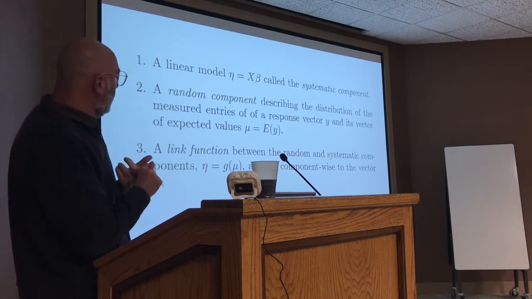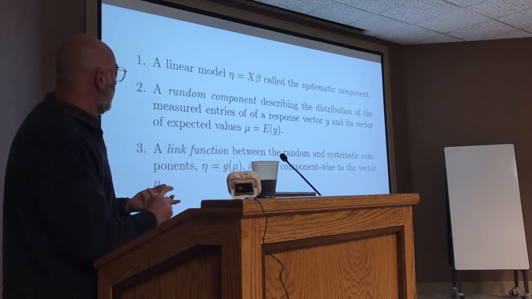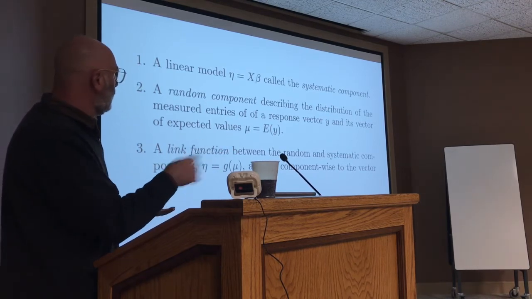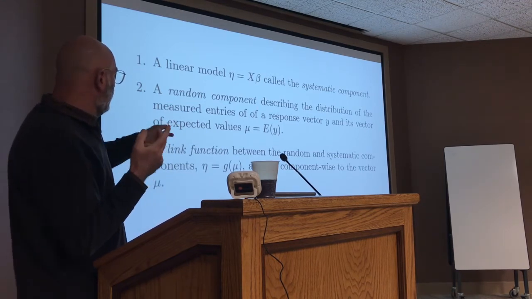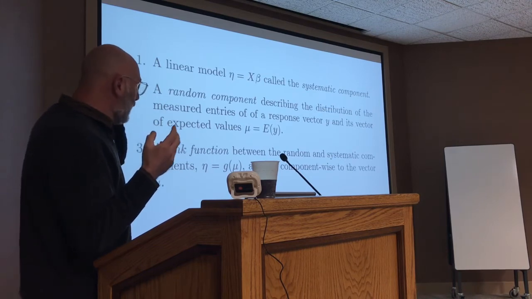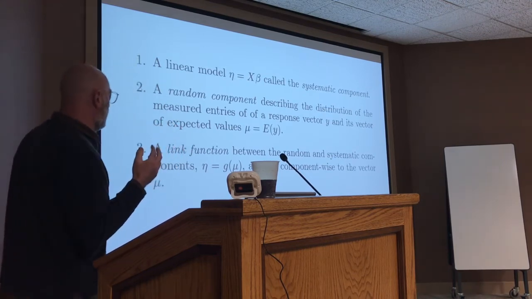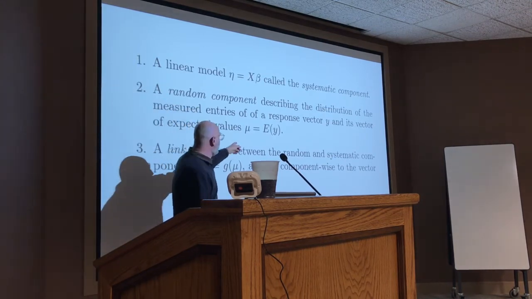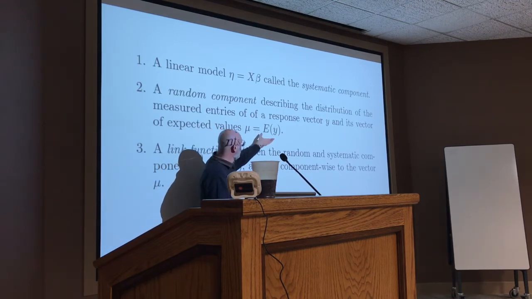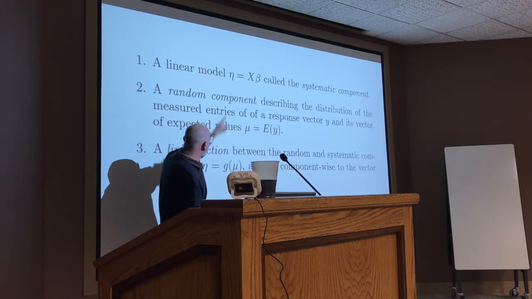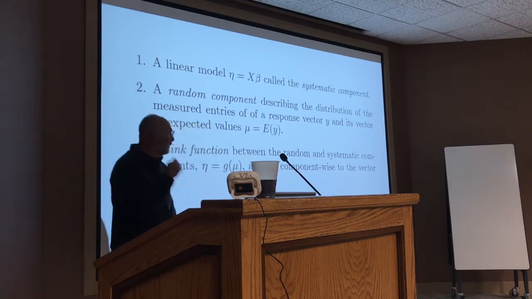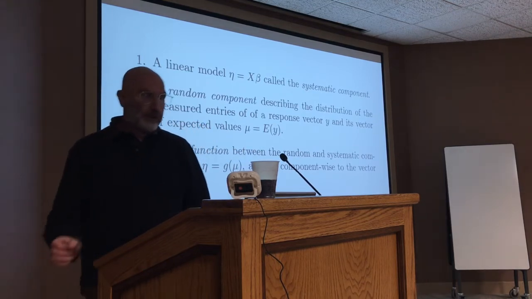Okay, so we've got this linear component that's systematic, a random component describing the randomness in the measurements, and then there's this special link function, G, between the random and the systematic components. So we have this mu, which is just the expected value, the average value that we get from our probability distribution of the measurements. And then we have a function, G, that connects the linear part to that probability distribution. That's all a generalized linear model is.